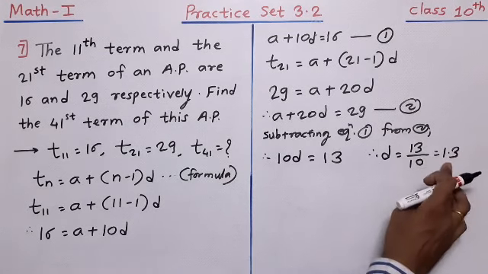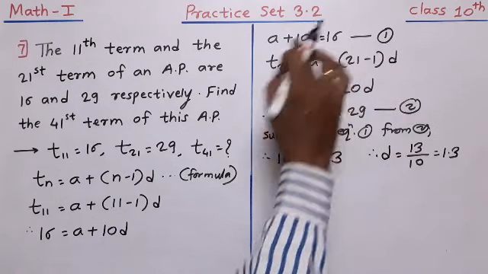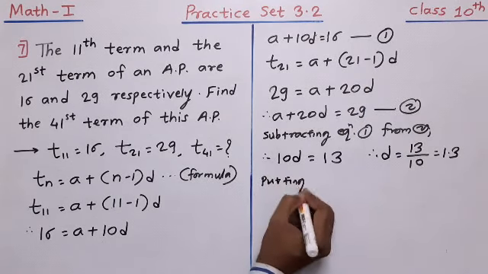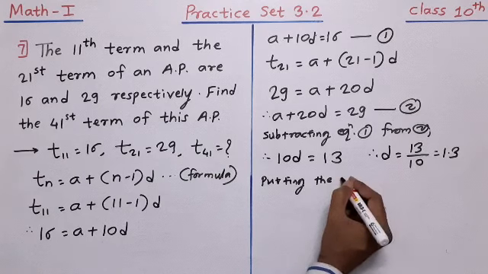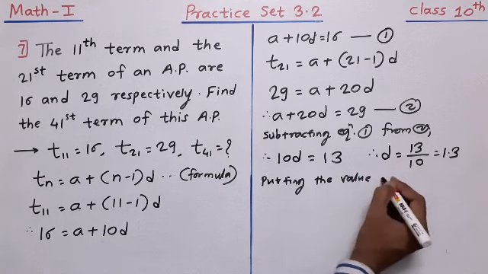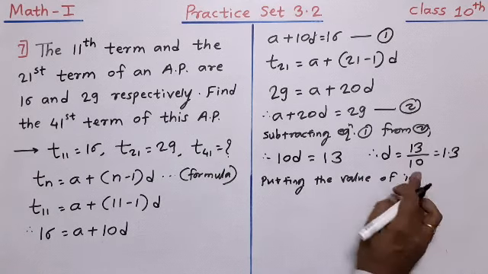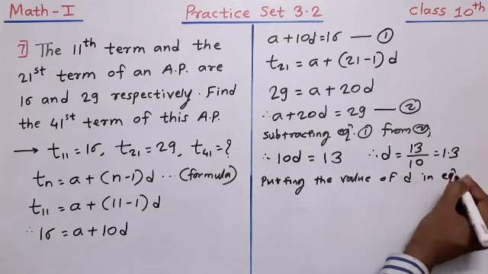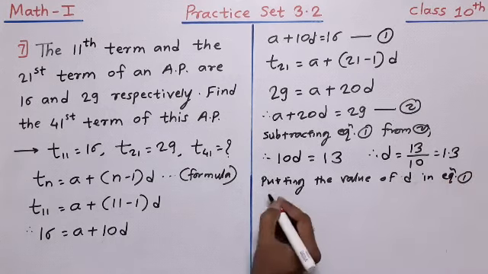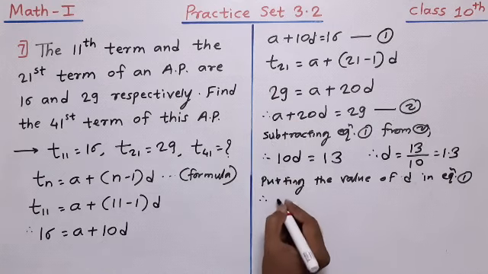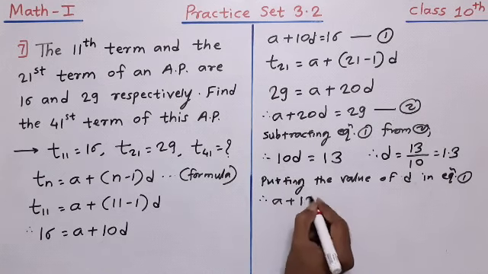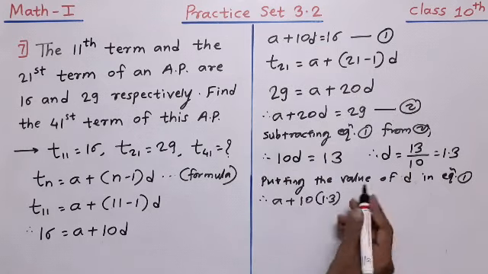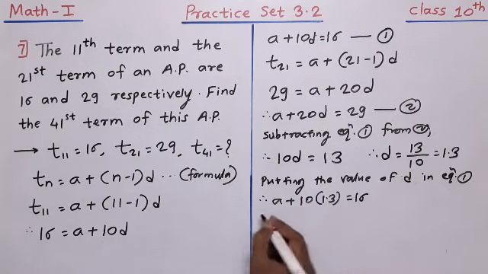Now, if we put the value of d equals 1.3 in equation 1, we get a as it is, plus 10 in bracket 1.3. 10d means 10 into 1.3 is equal to 16.